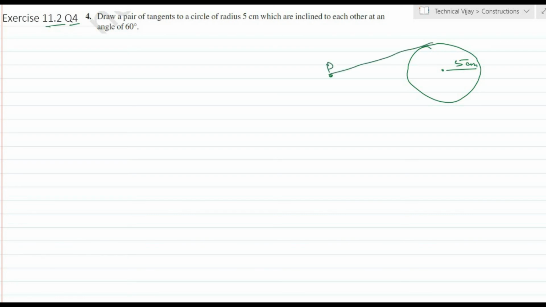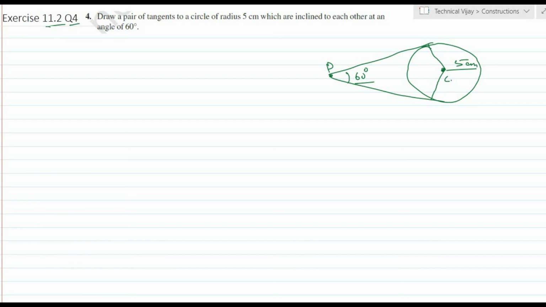These tangents are inclined at an angle of 60 degrees. So like this we have to construct a diagram. This is the center. So this type of diagram you have to construct.